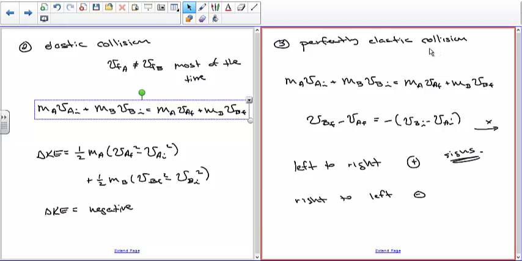Now remember, this is the case where you can have a decrease in kinetic energy as you're going through the collision, but that kinetic energy has to be stored either in a magnetic field or in a spring during the collision, and then it's recouped. Once they go apart again, all that kinetic energy stored in the magnetic field or in the spring is recouped into kinetic energy.